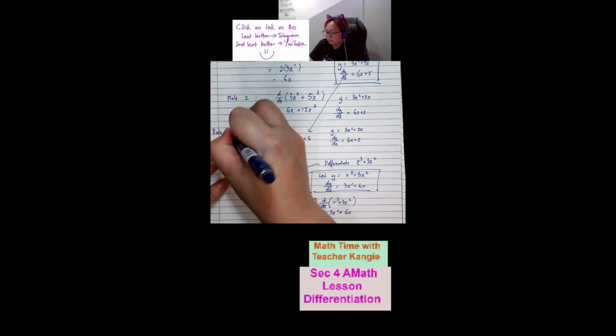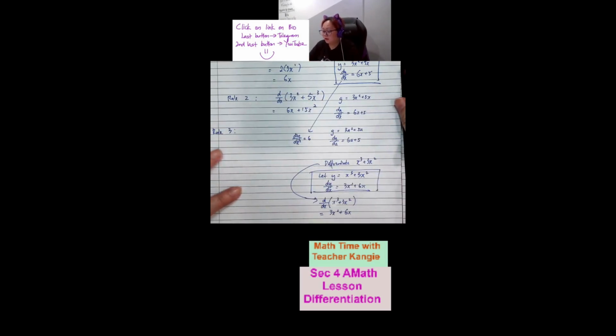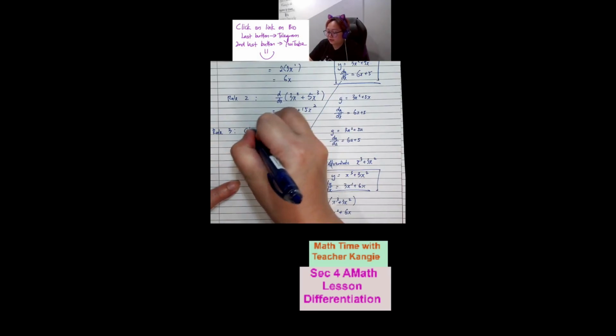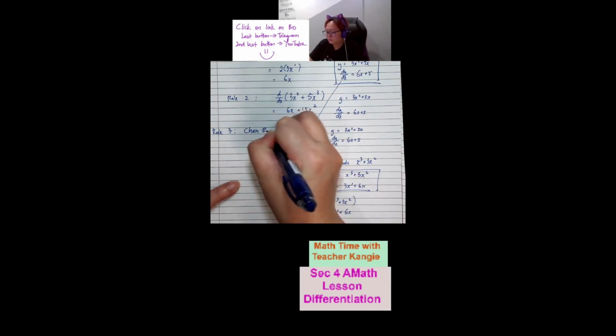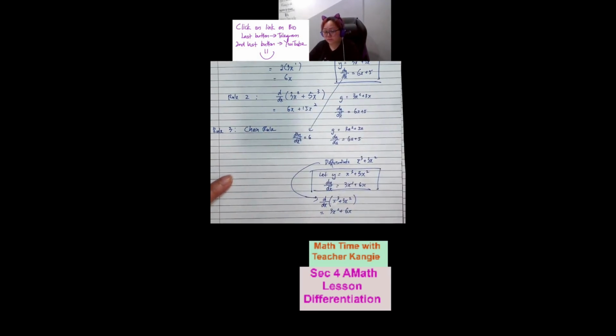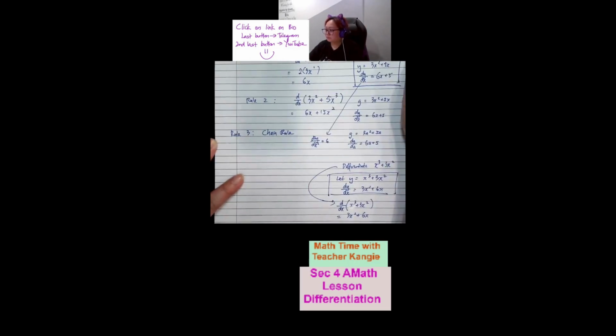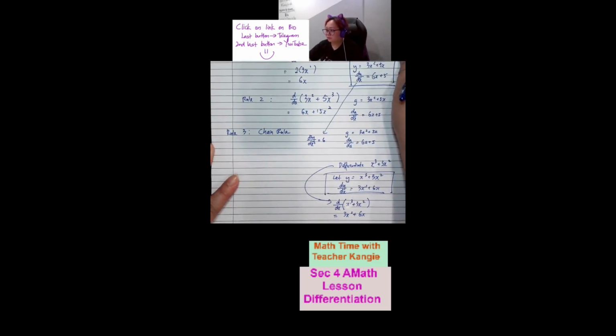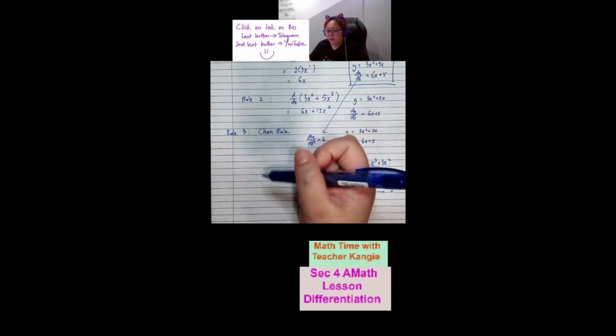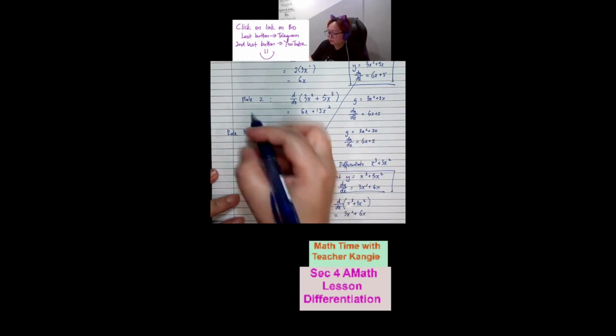Okay, so rule 3 is chain rule. Okay, so what is chain rule?